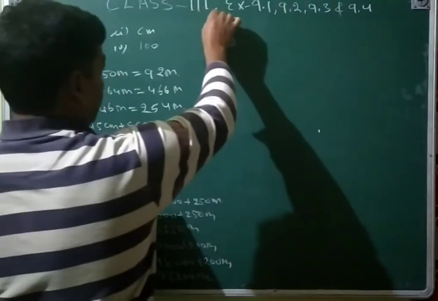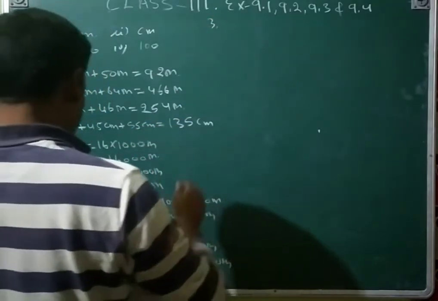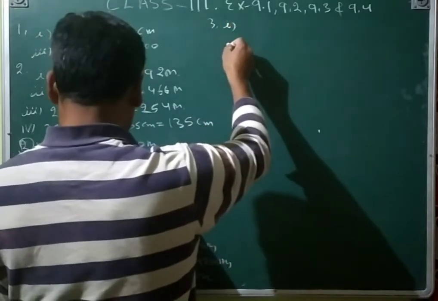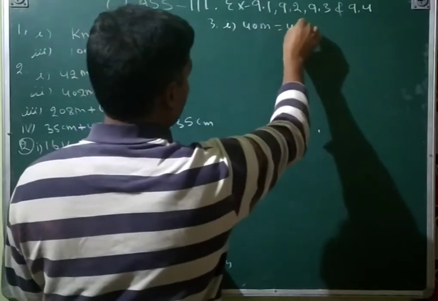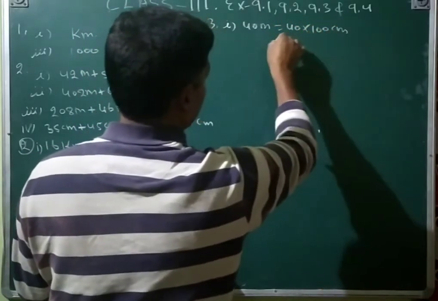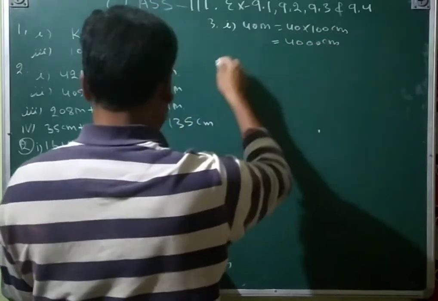Third question, convert into centimeter. Here we will multiply by 100. 40 meter is equal to 40 into 100 centimeter. So 4000 centimeter.